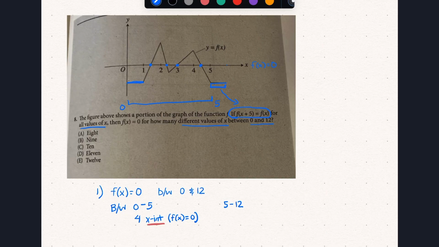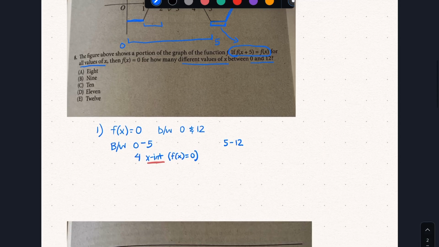So from, say, 6 to 7, just drawing it out here, we would expect the function to repeat itself again, exactly like it does between 1 and 2. And we would have an additional x-intercept like the beginning of the graph between 1 and 2.